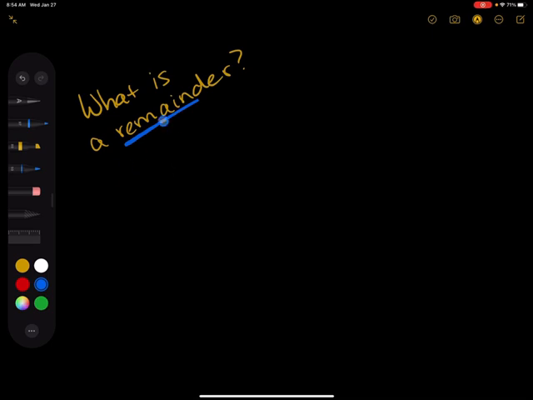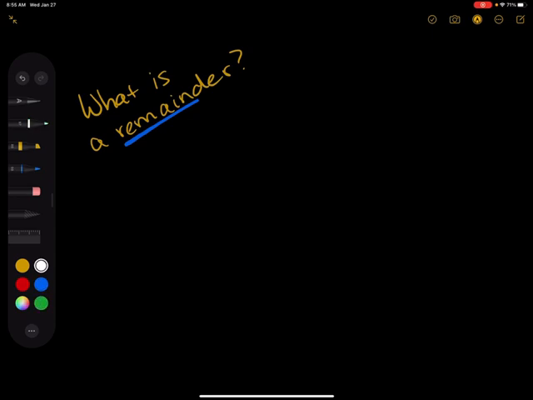It's this word remain. So we're looking for what remains after we have made as many groups as possible. So here is an example.